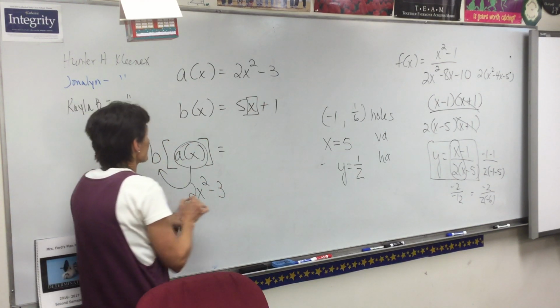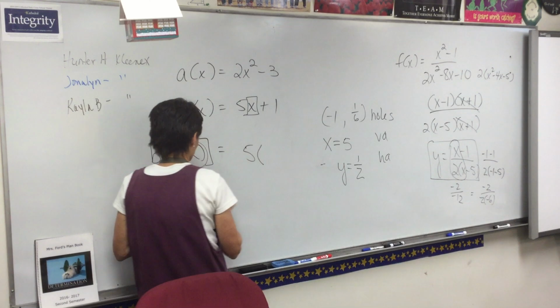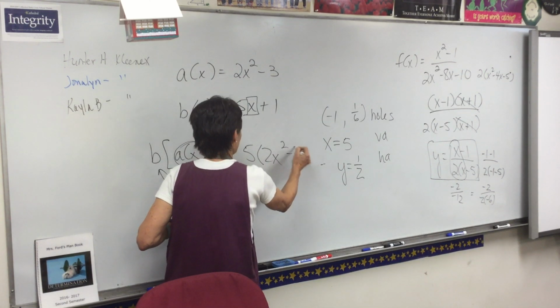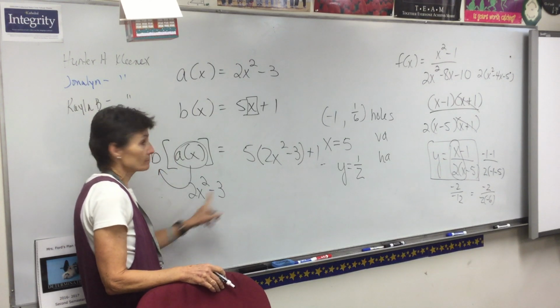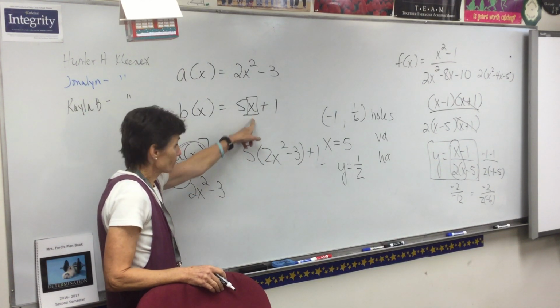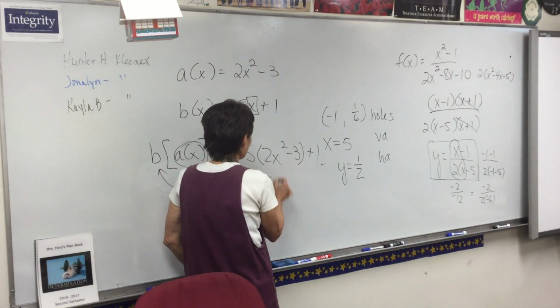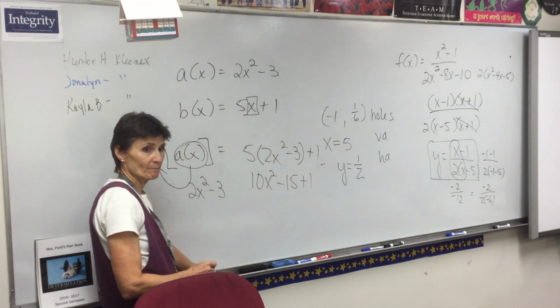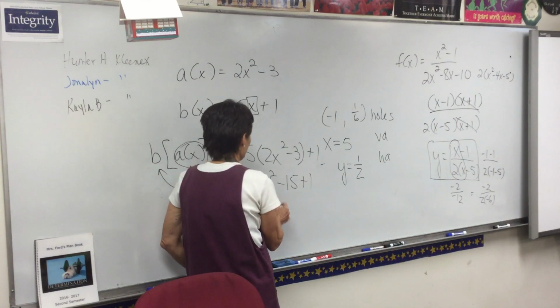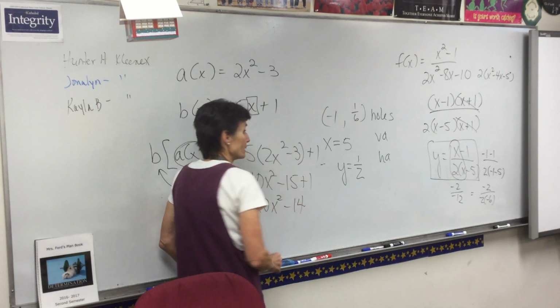So 5 times 2x squared minus 3 plus 1. So 10x squared minus 15 plus 1, just doing my distributive property. And 10x squared minus 14.